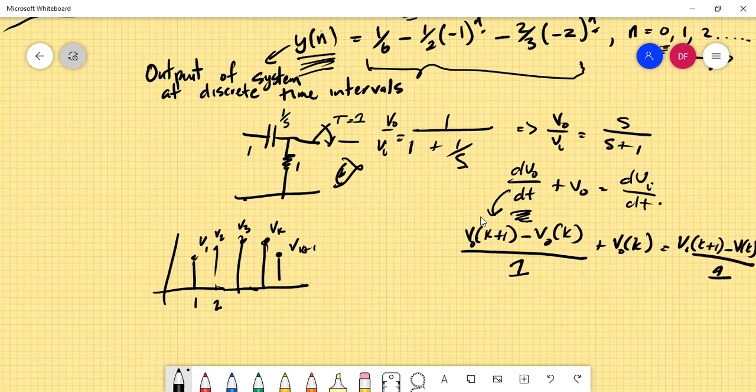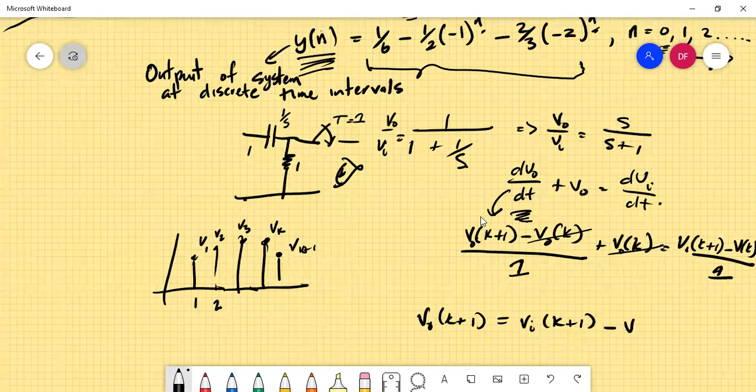And as you see, if we simplify this, we're going to end up with v out k plus 1. These two cancel in this particular equation, and it is equal to v in k plus 1 minus v in k. So this is a difference equation.